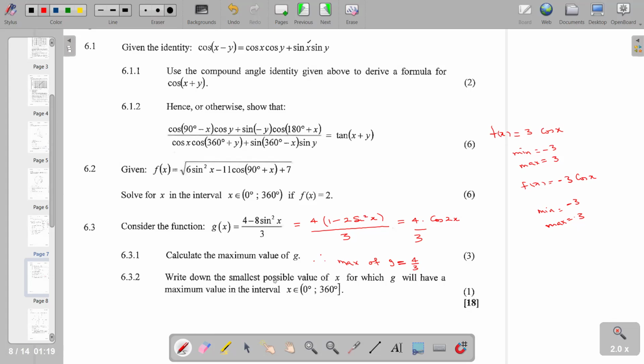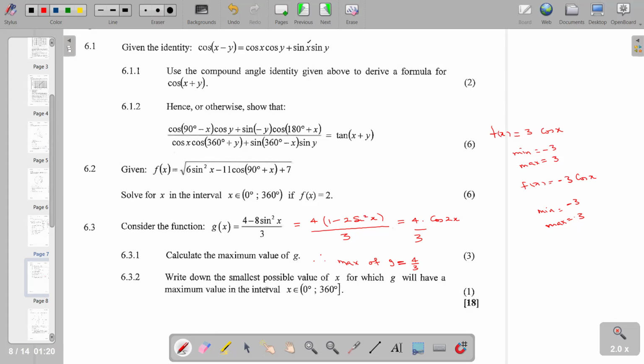Write down the smallest possible value of x for which G will have a maximum value in the interval, that one.